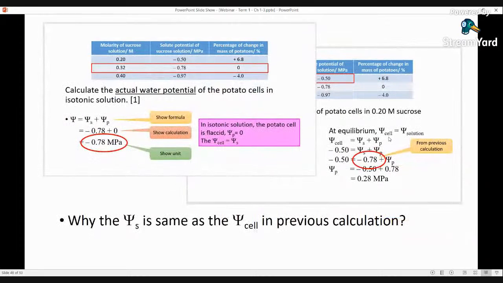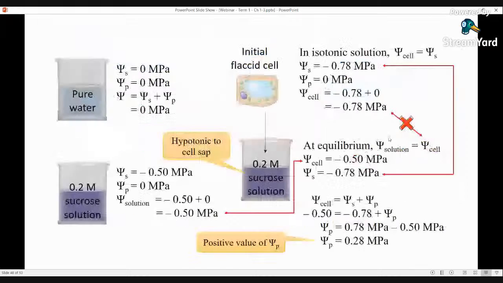Maybe you're still confused about why we use the previous calculations. Don't worry, look at this slide. This is pure water. In pure water, everything is 0, so the water potential for pure water is 0. The highest is 0.